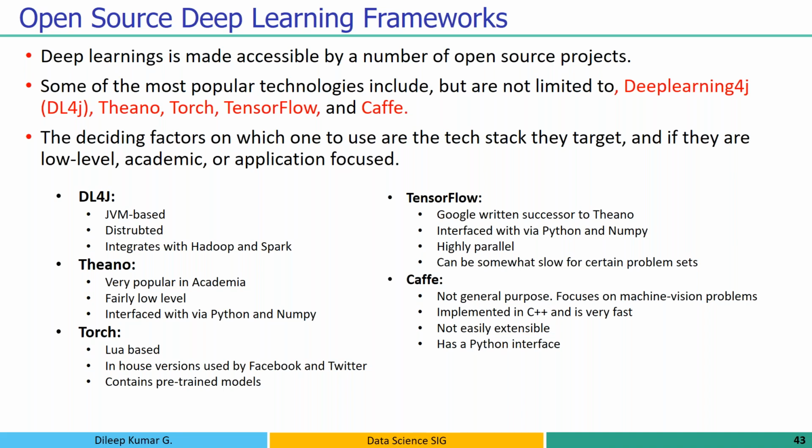And Theano is very popular in academia, and it's low level. Low level means there is much complexity in writing the programs. What is academia? Academia means, for example, problems related to education and learning.